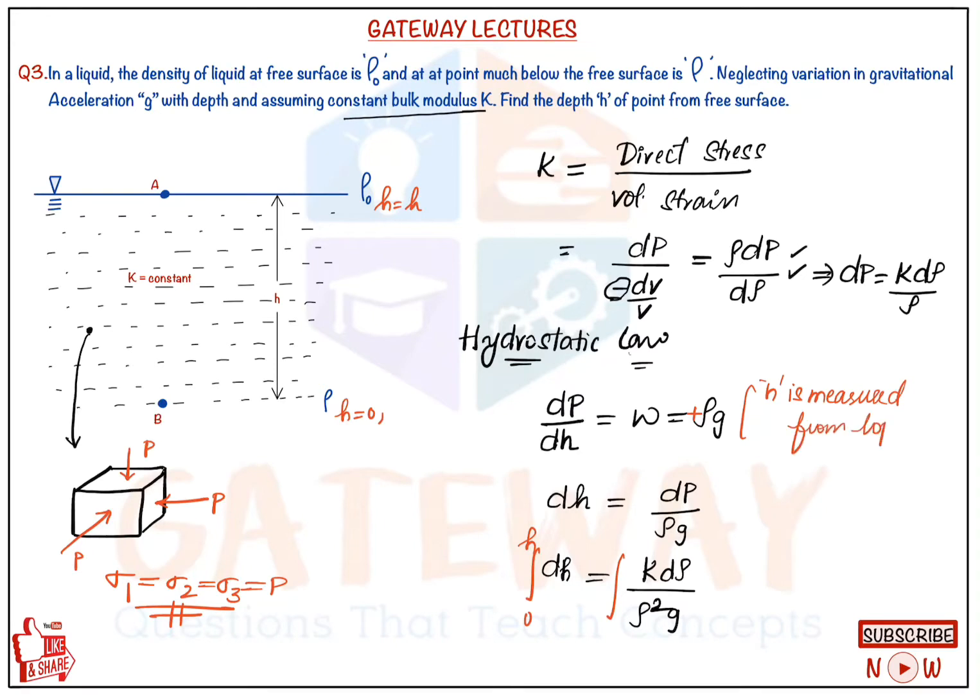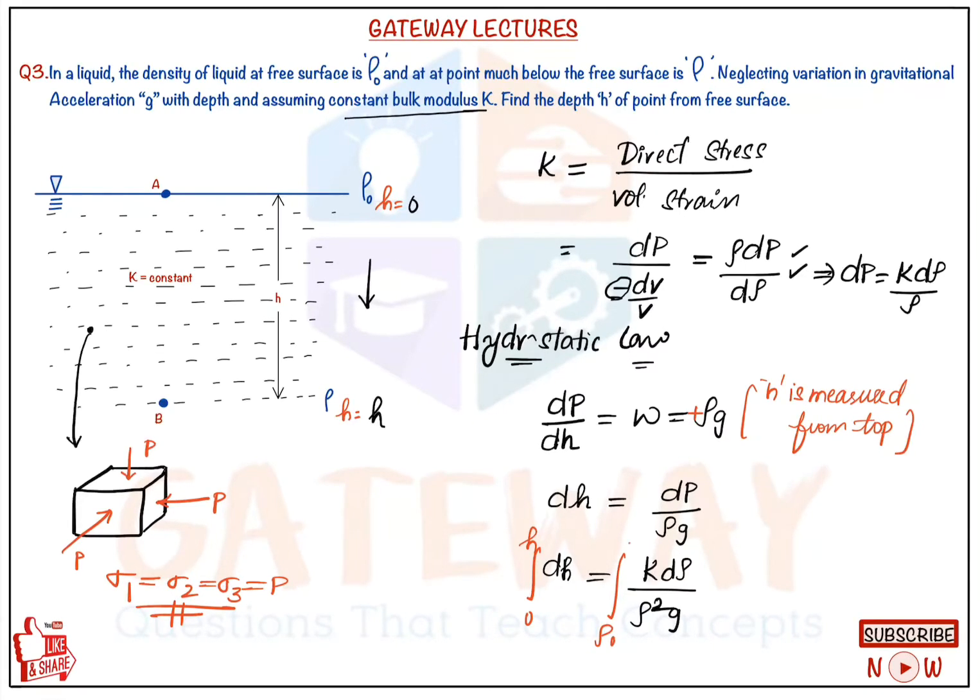It will be taken negative when h is measured from the bottom. Here h is 0 at the surface and h at the point. Since we are measuring downward, the density also varies from rho naught at h equal to 0 to rho.